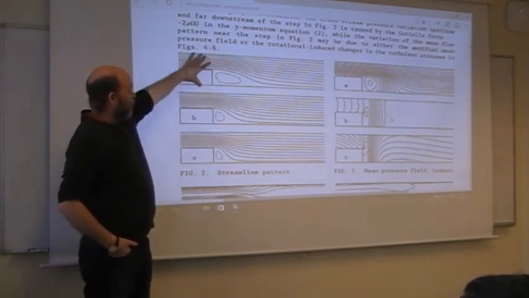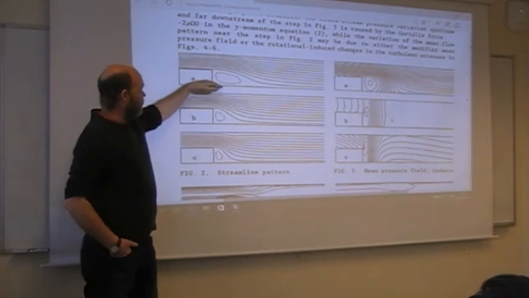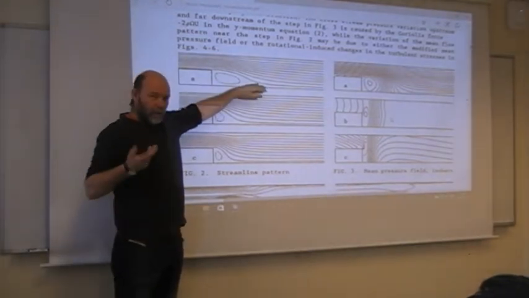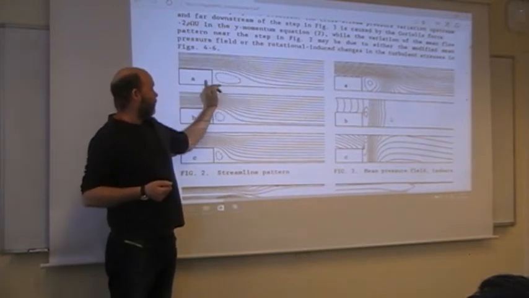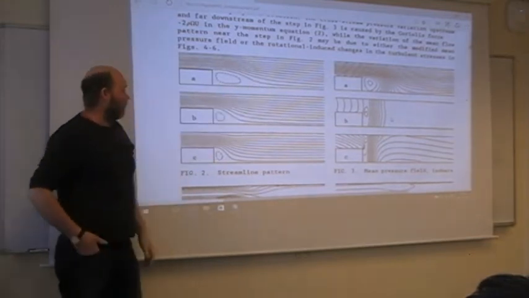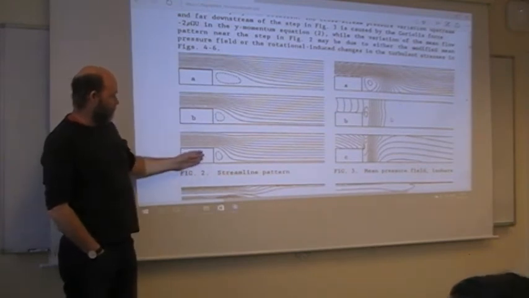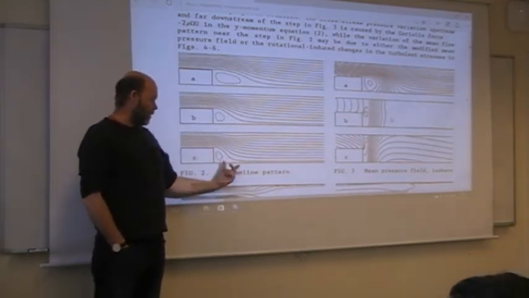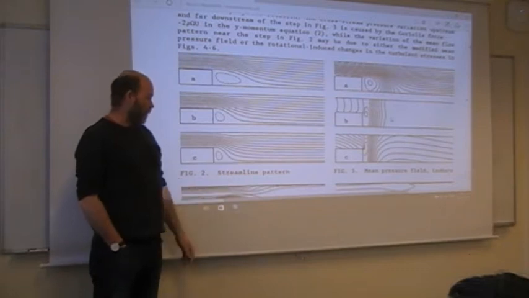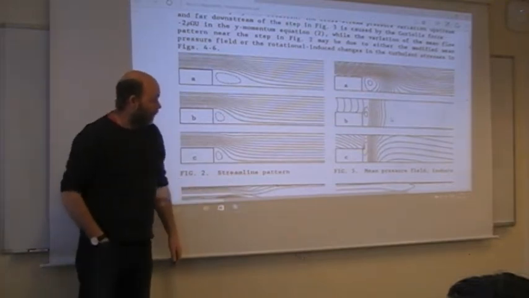When we have a negative rotation, the flow on the bottom wall becomes more laminar. So you enhance the length of this vortex. And positive rotation, increasing the turbulence, you have a shorter reattachment length.